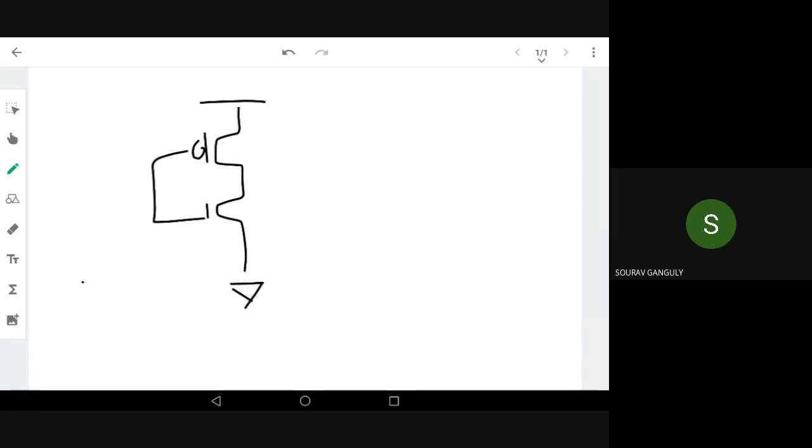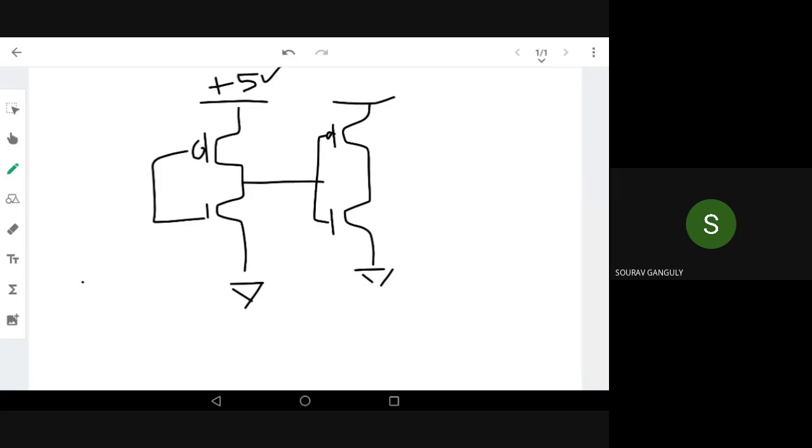This is VDD, you can say plus 5 or VDD, and this is again connected to another inverter. It's also plus 5 volts. Now this is your input, and this is your output. So you can say this is one simple kind of memory cell. I need only 4 transistors, 2 PMOS and 2 NMOS. Okay, this is a kind of SRAM cell.